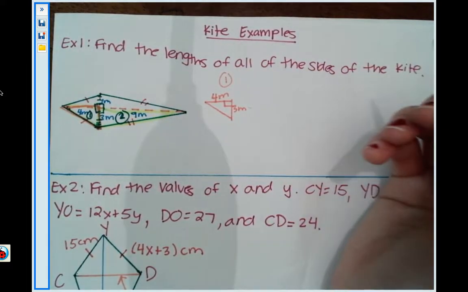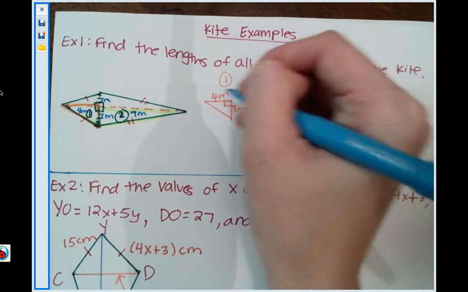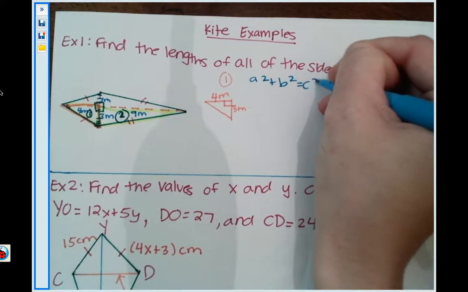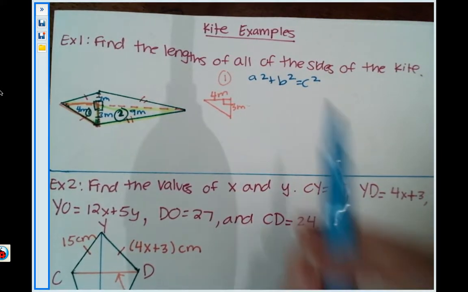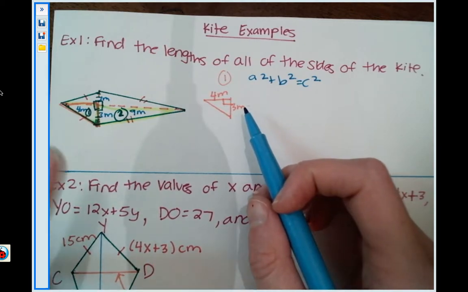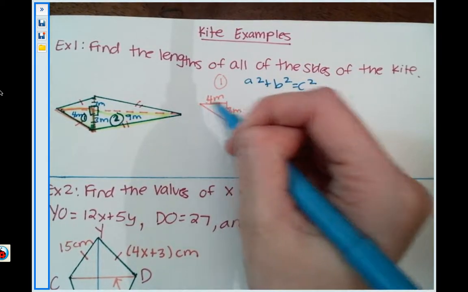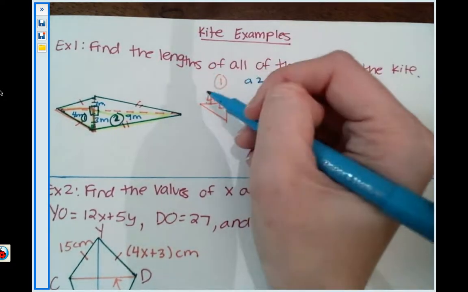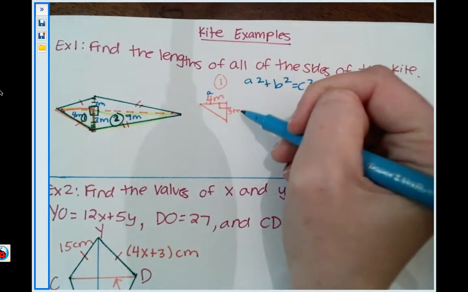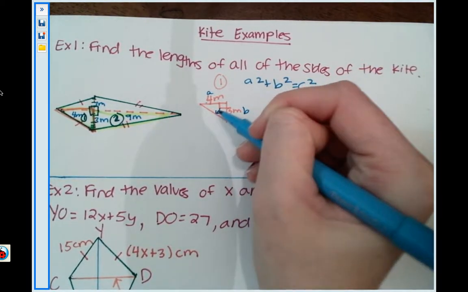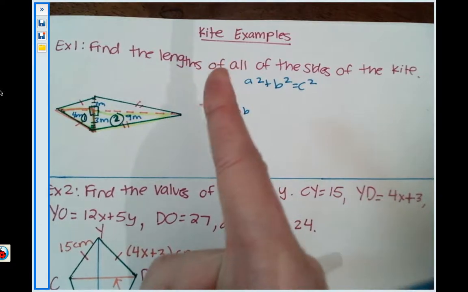So we have a squared plus b squared equals c squared. Remember, a and b are the sides of the right triangle that make up the right angle. So the 2 sides of the right angle are the ones labeled 4 and 3, and it doesn't matter which one you label a or b. I'll label this one a and this one b. And c is the hypotenuse, or hippopotenuse.